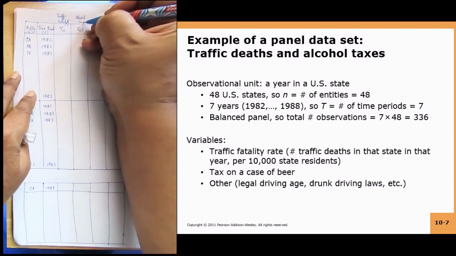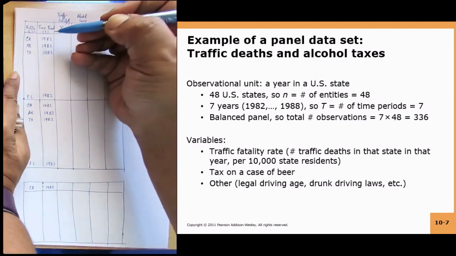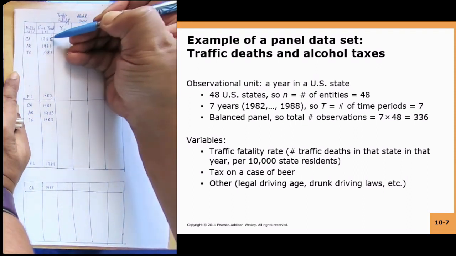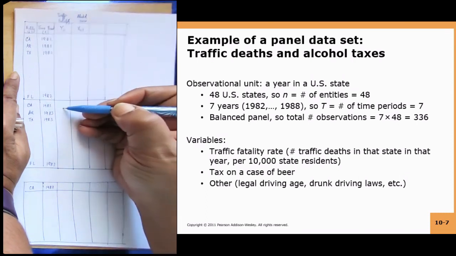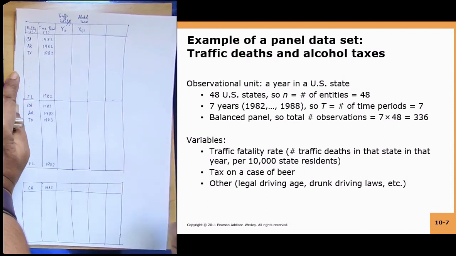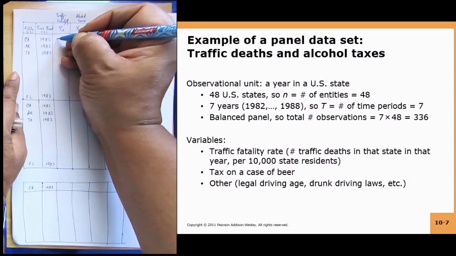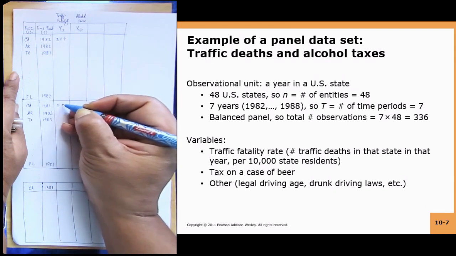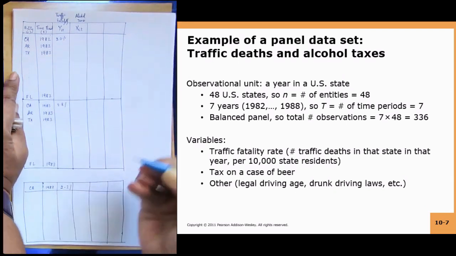Both traffic fatality rate and alcohol taxes may vary across entities and also for the same entity over time. So the 1982 traffic fatality rate for California may be something, the 1983 rate for California may be something else, and the 1988 rate for California may be something else. So you may have something like 3% traffic fatality rate, here you may have 2.8%, and here you may have 2.2%, and so on.